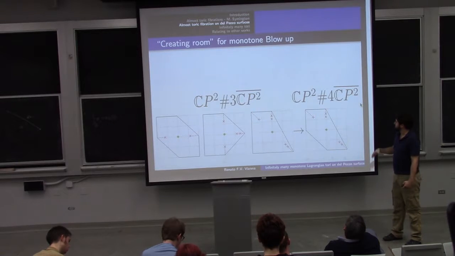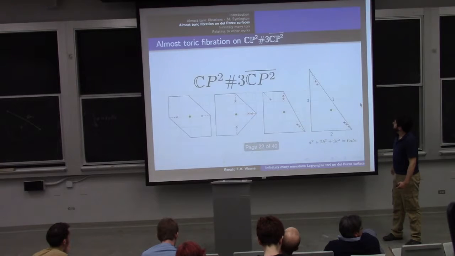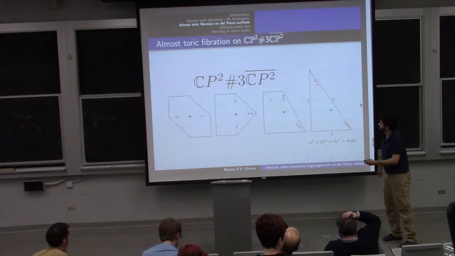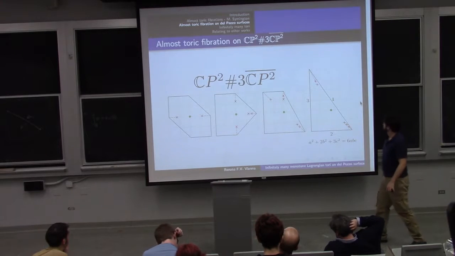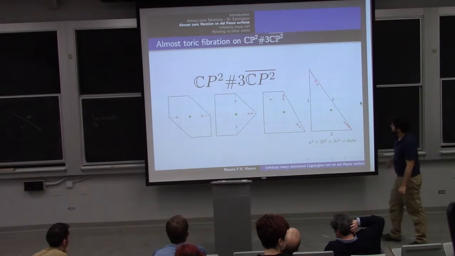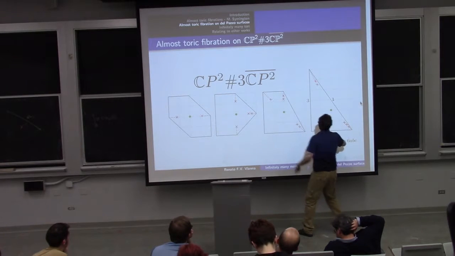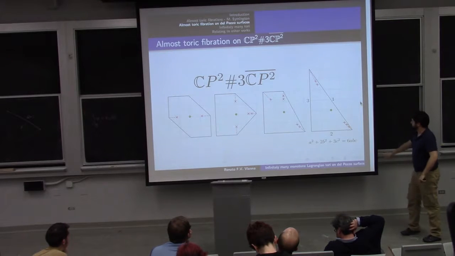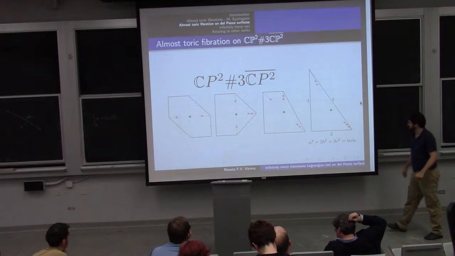I'm not going to describe all of that, but before showing what happens for all the blow-ups, I want to go back to the case of the degree 6 del Pezzo surface, and just do one more trade here to get to this picture, which I call this almost toric base diagram that has the triangular shape.